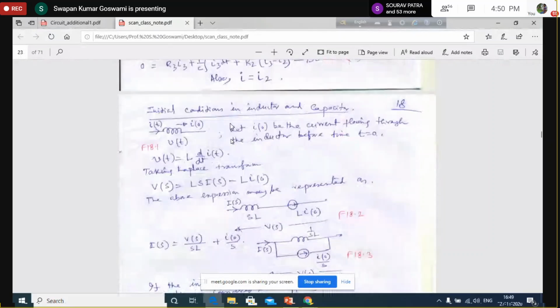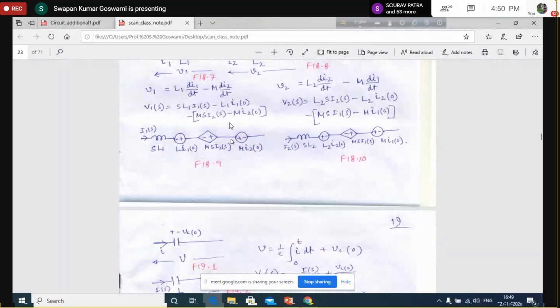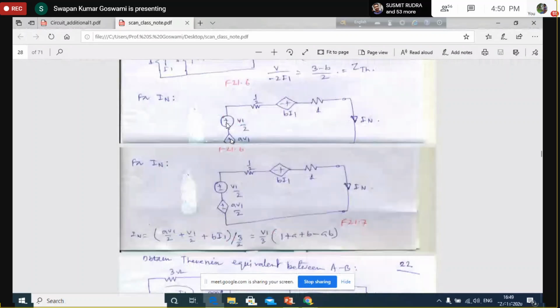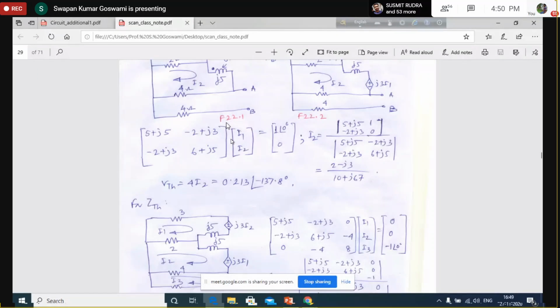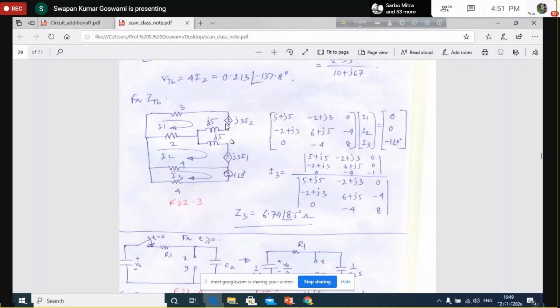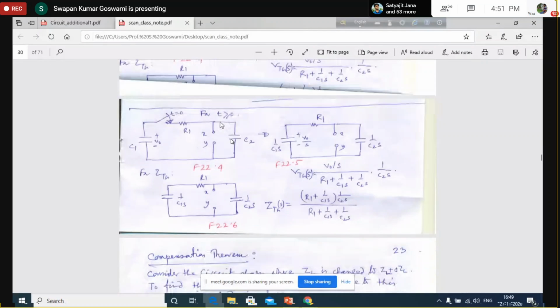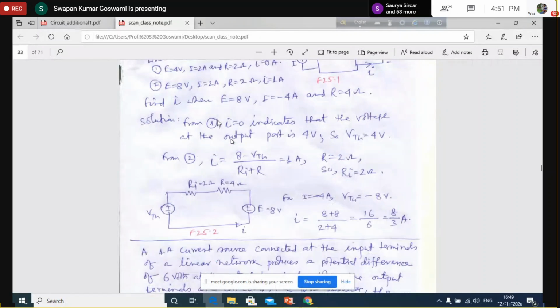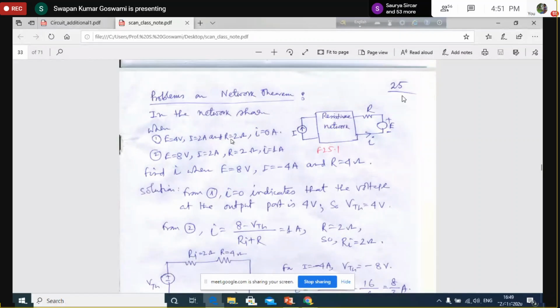The correction was introduced, and this was also done. This is done. Now we shall start at page number 25 with some examples on the application of network theorems.